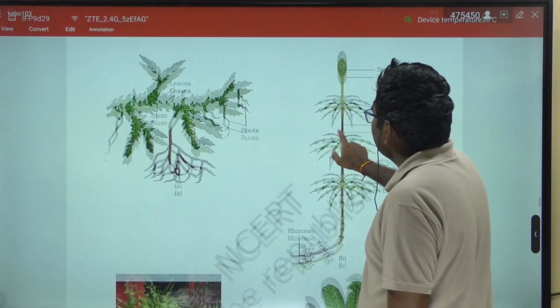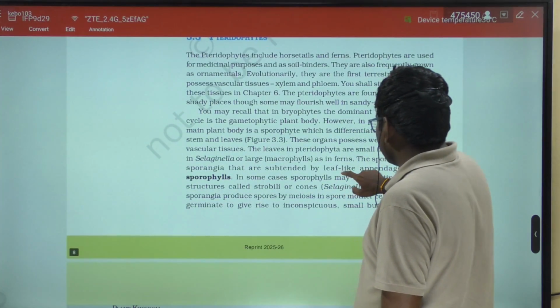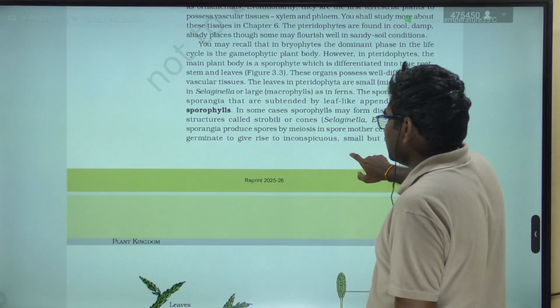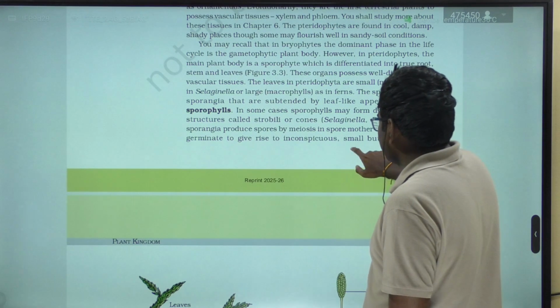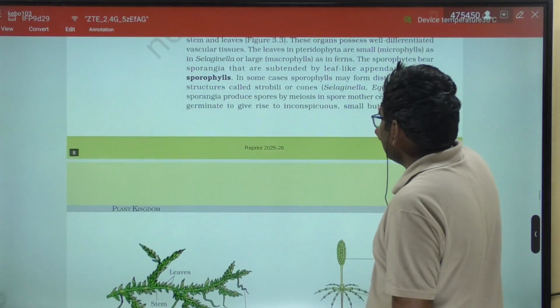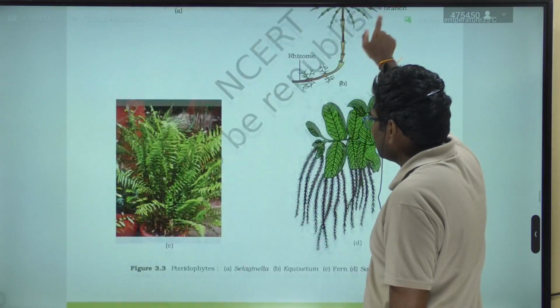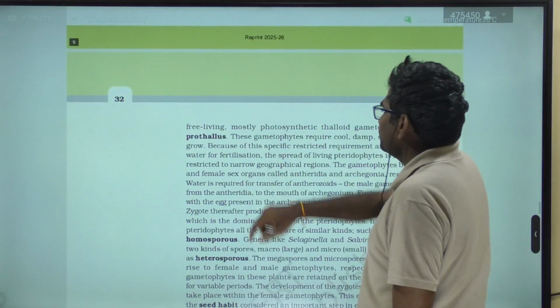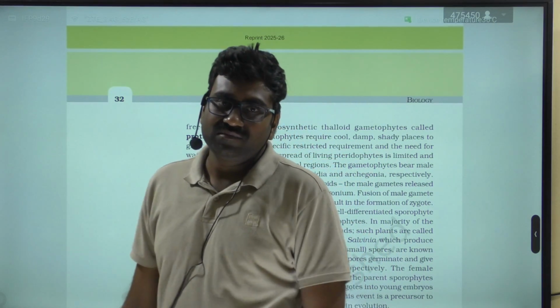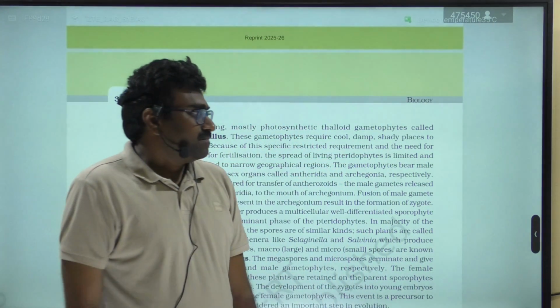And here the prothallus is very important. The spores germinate to give rise to an inconspicuous, small but multicellular, free living, mostly photosynthetic thalloid gametophyte, the prothallus.